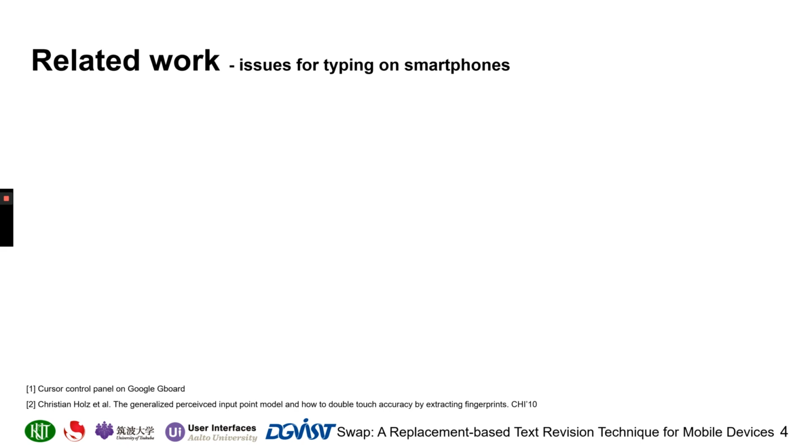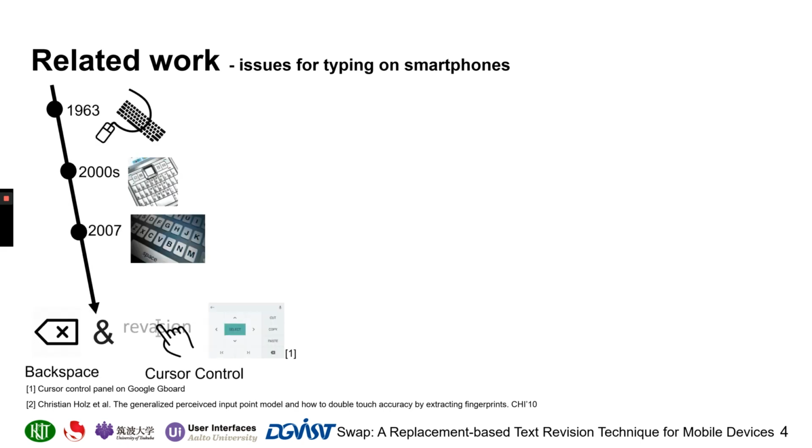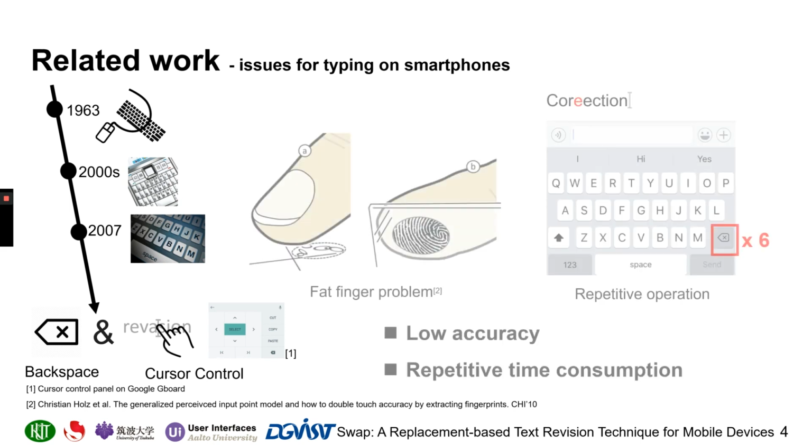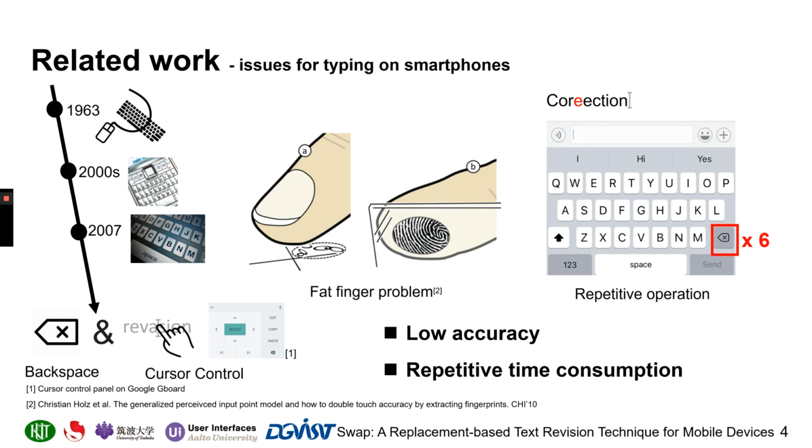To finish the revision, we have backspace and caret, which are inherited from the physical keyboard and mouse. However, due to the fat finger problem and the repetitive use of backspace, it is error-prone and time-consuming to revise text on mobile devices with those tools.